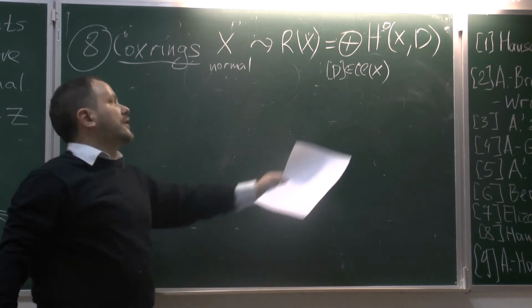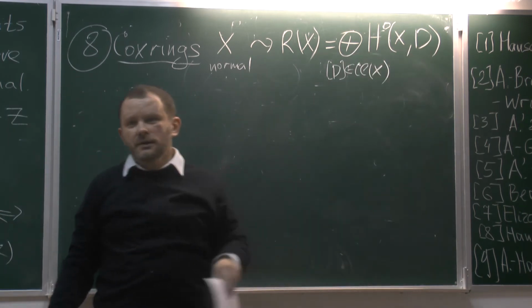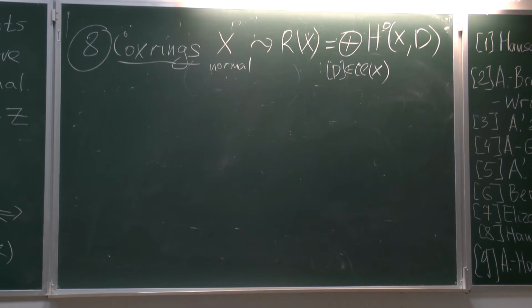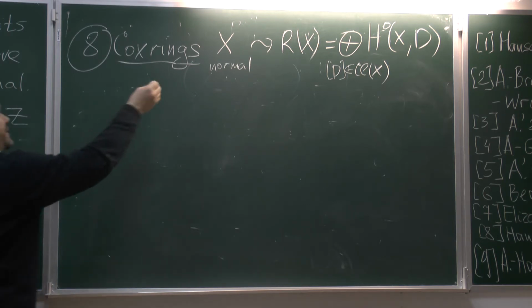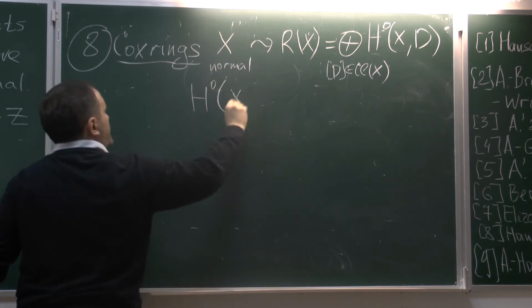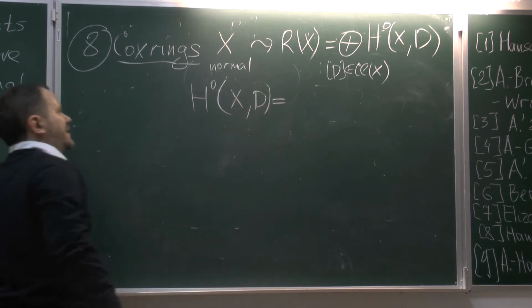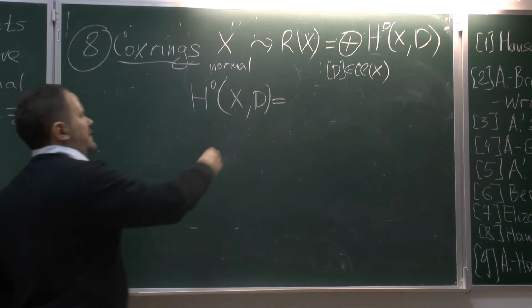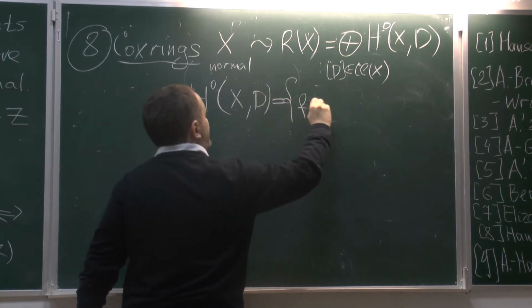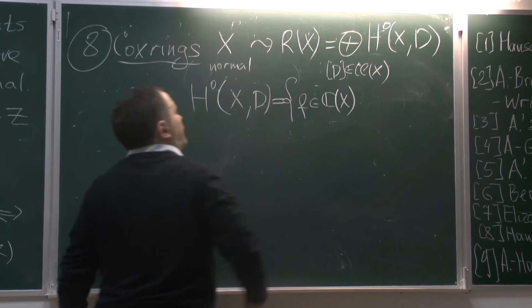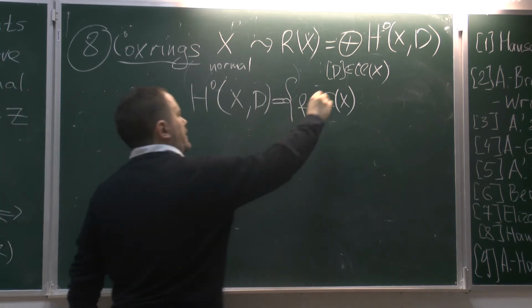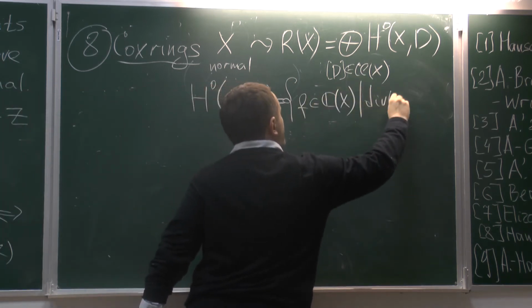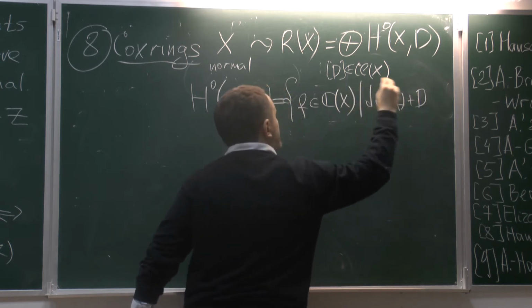Here I use not classes but representatives of a class. And this is some difficulty for the theory of the Cox ring, but nevertheless we do it like this. And these components look like spaces of sections of some line bundles, but D may be not Cartier, but just a divisor. These are just some subspaces in the field of rational functions. Namely, the condition is that the divisor of f plus D is effective.